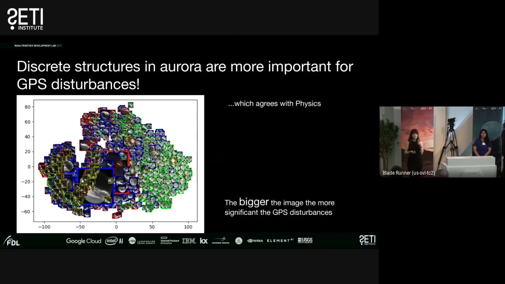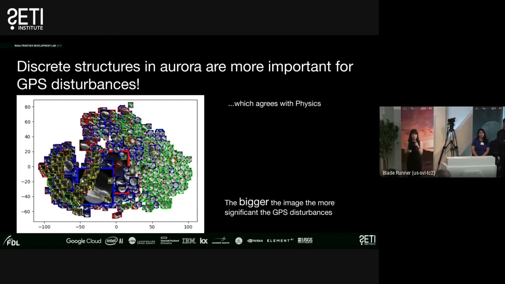Using this compressed representation, we can map out how these images are related to one another and also look for which specific features in the aurora are more important for leading to these GPS disturbances. This was an unexpected result from a machine learning model that agreed with what we expected from physics. We saw that these specific arc and discrete structures in the aurora are more likely to be correlated with the GPS disturbances.